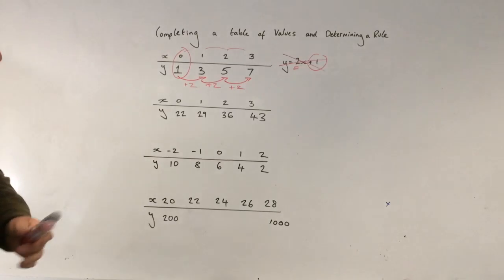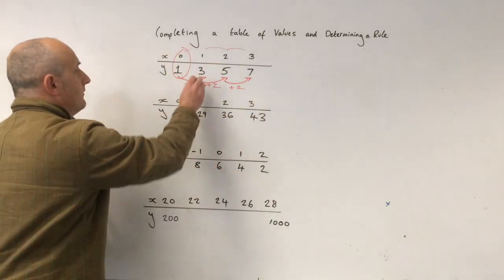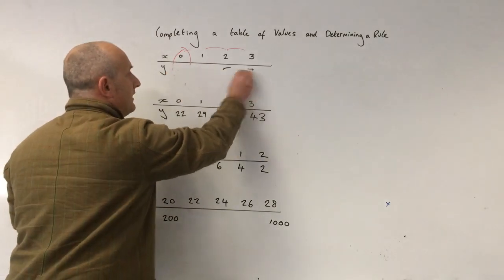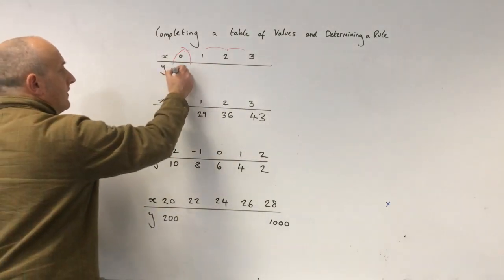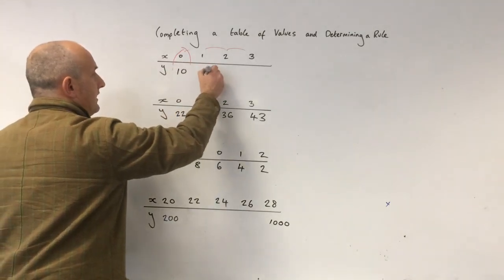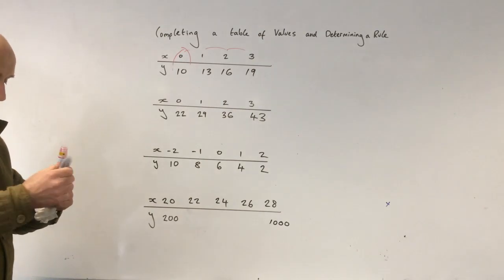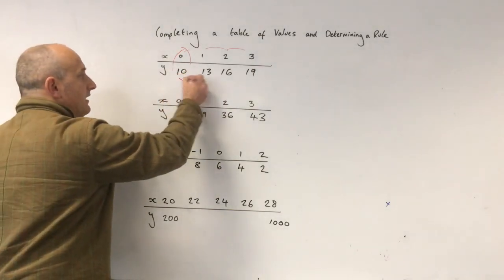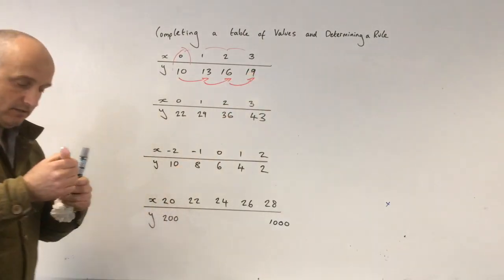So if, say, I had different numbers here, maybe 10, 13, 16, 19. Can you see each time it's going up by 3?